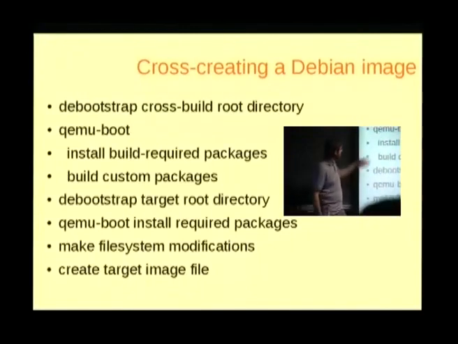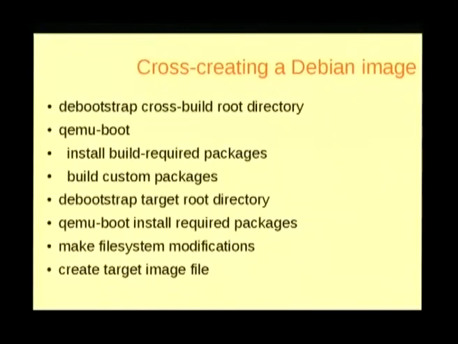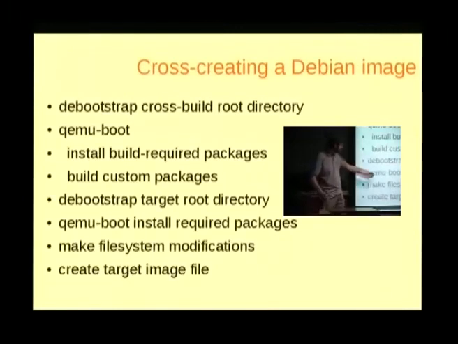And then in the QEMU environment, you install the build required packages, you build custom packages, and then you have your custom package. So then you can debootstrap your target's root directory, and then use QEMU chroot to install the required packages with the apt-get. And the last steps are the same. So you make your file system modifications and create a target image file.